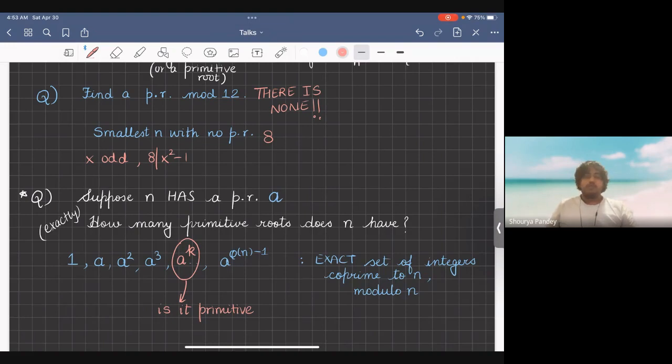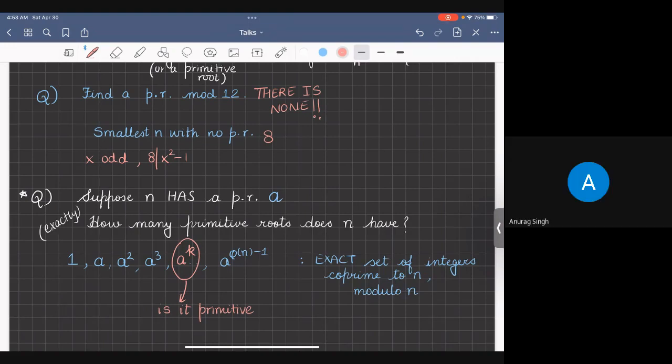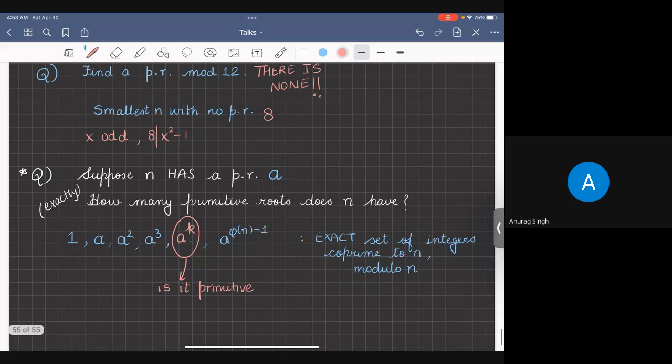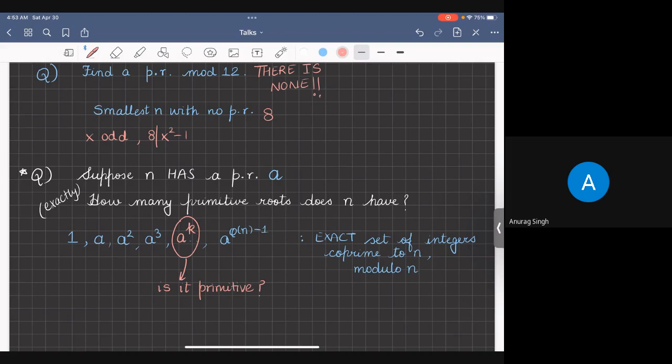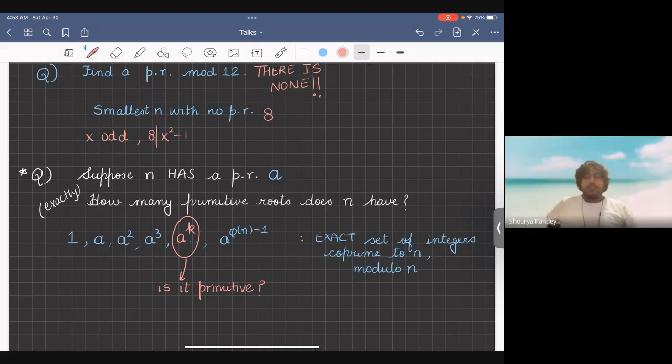So phi of n divided by GCD of phi of n and k has to be phi of n itself. Then the GCD of k and phi of n has to be 1. So how many such k exist that are co-prime to phi of n? Yes, exactly.